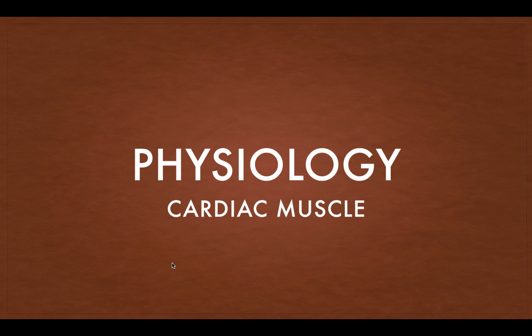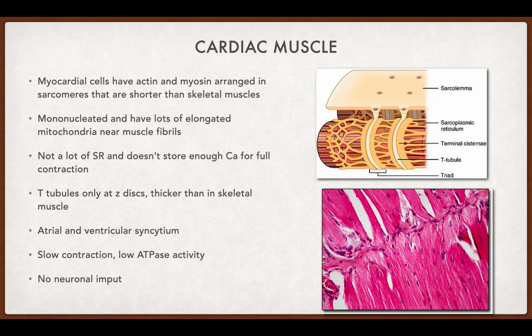Hey, welcome back. Today we'll be covering a really important topic in physiology, and it's the cardiac muscle along with the action potentials. So, just a basic rundown. Cardiac muscle is very similar to skeletal muscle, except that it has shorter sarcomeres and is mononucleated, and it has something called T-tubules.